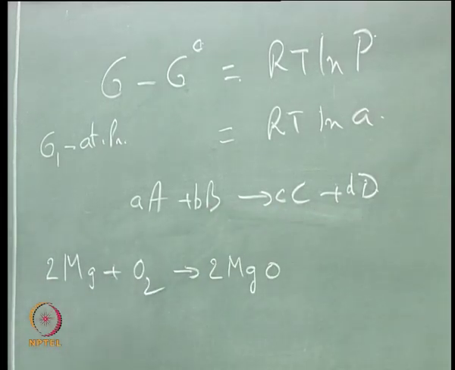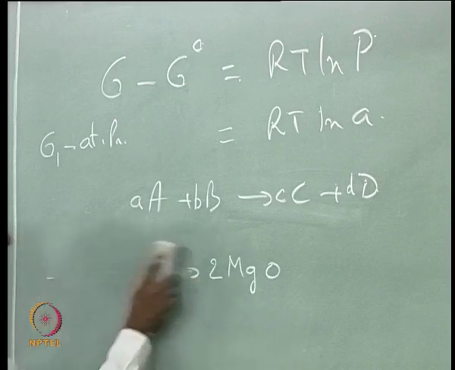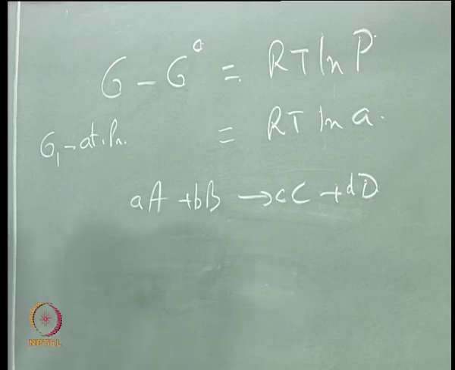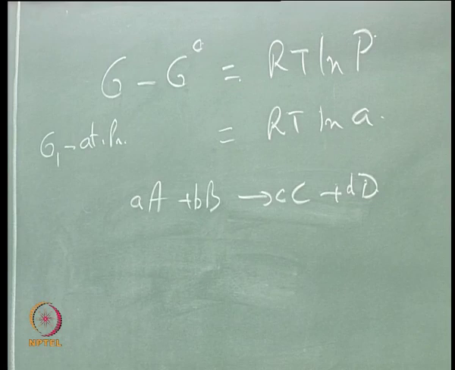When I say small a, b, c, d refer to those moles, then the free energy change for such a reaction is nothing but the free energy of the products minus the free energy of the reactants. Am I right?